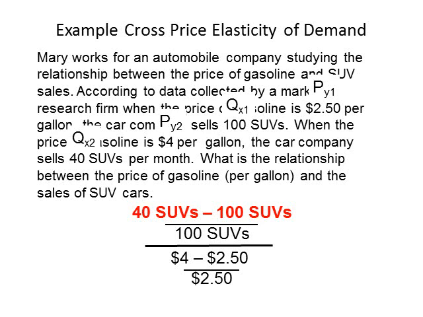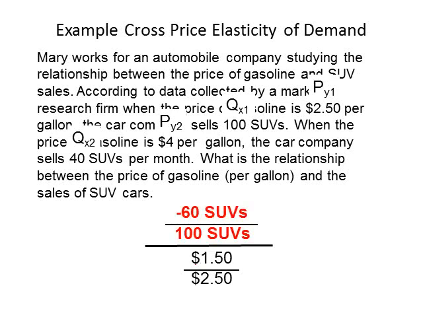Next, subtract 100 SUVs from 40 SUVs, and this gives us minus 60 SUVs. Next, subtract $2.50 from $4, and this gives us $1.50. Next, divide minus 60 SUVs by 100, and this gives us minus 6/10.